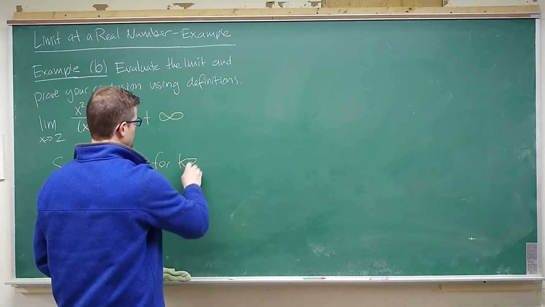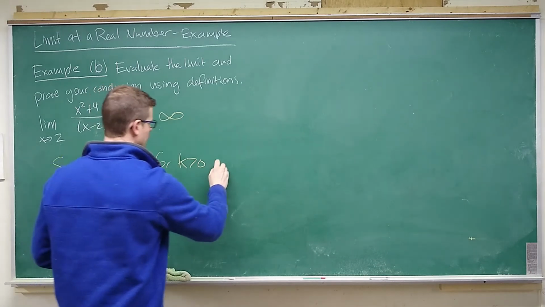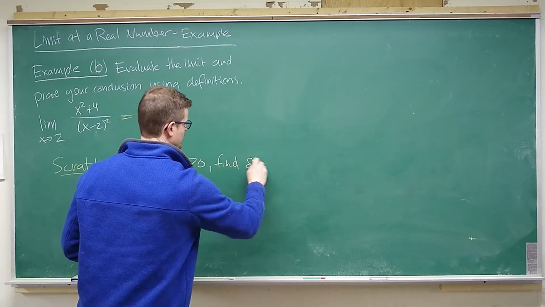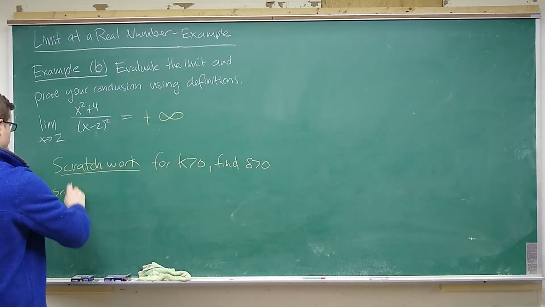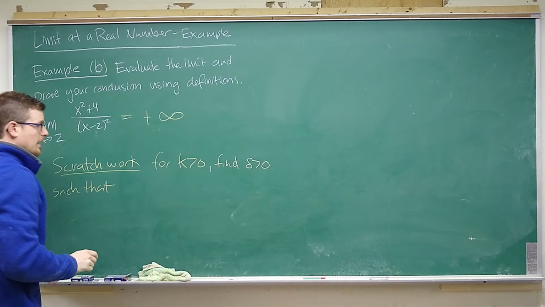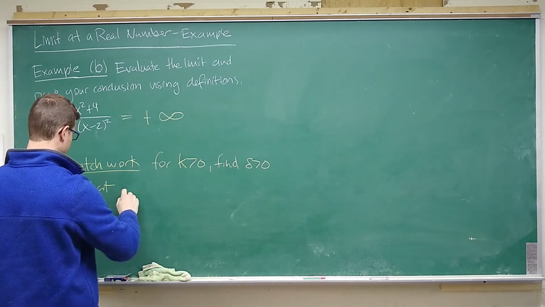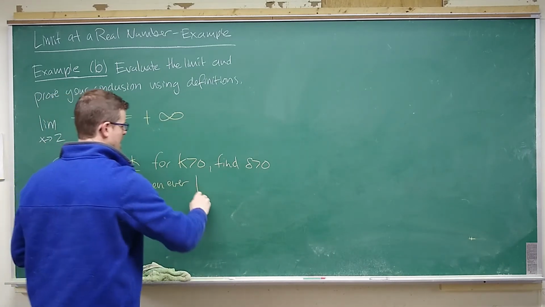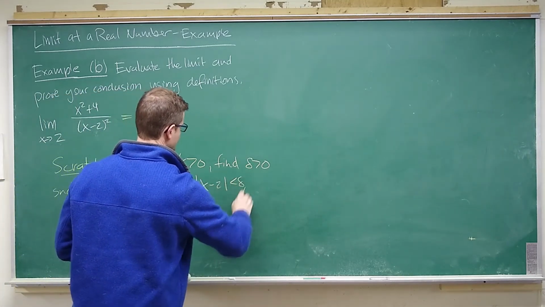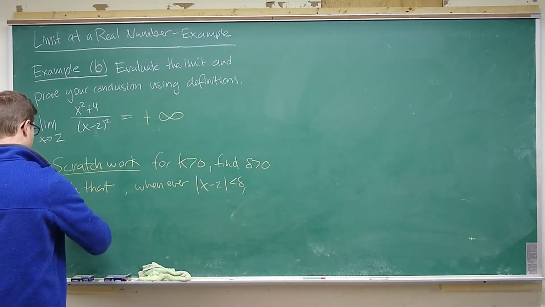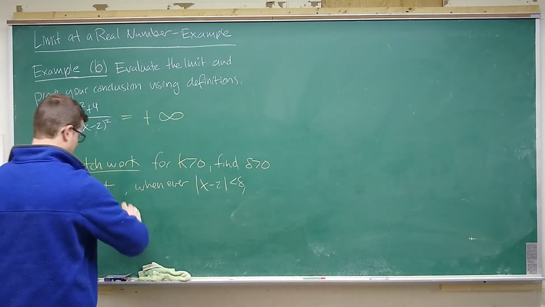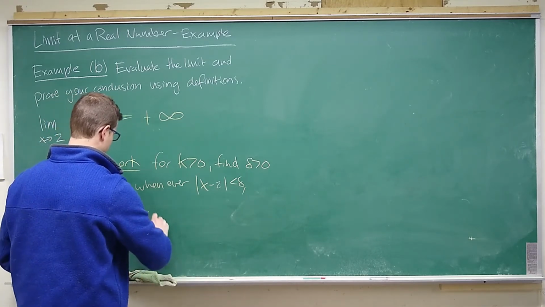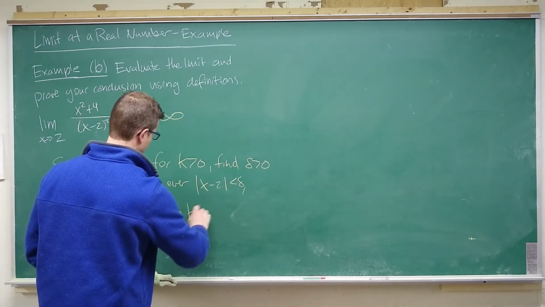So for k greater than 0, some large number, we want to find delta greater than 0 such that whenever we have that absolute value of x minus 2 is less than delta, we have that the function value f of x is greater than k.